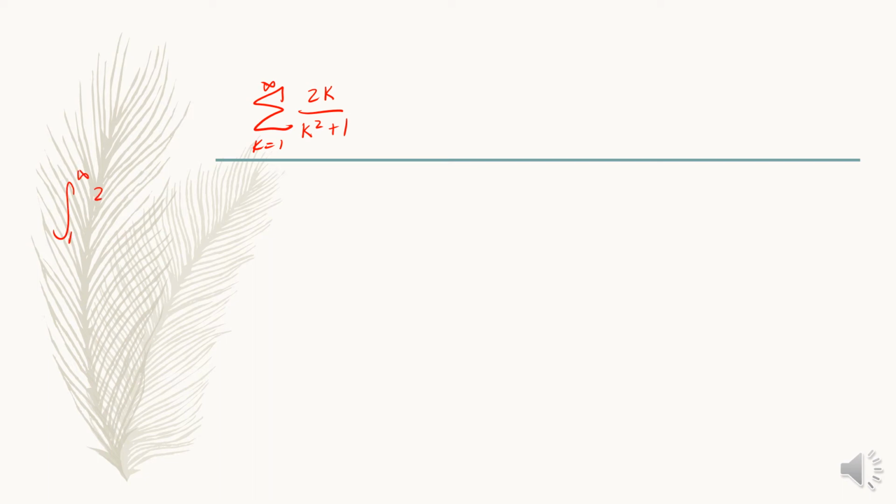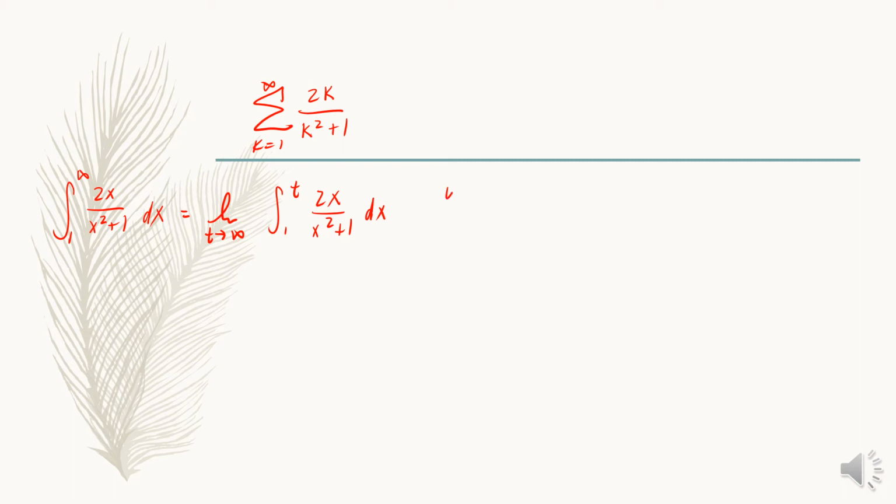Everywhere you see a k, I'm going to replace it with an x. And we're going to evaluate this. So I'm going to rewrite this in terms of a limit, because you're not really allowed to have infinity as a bound. So the limit as t approaches infinity of the integral from 1 to t of 2x over x squared plus 1 dx.